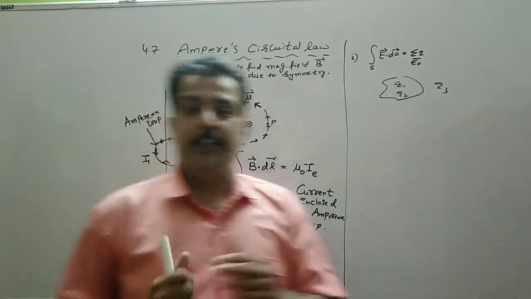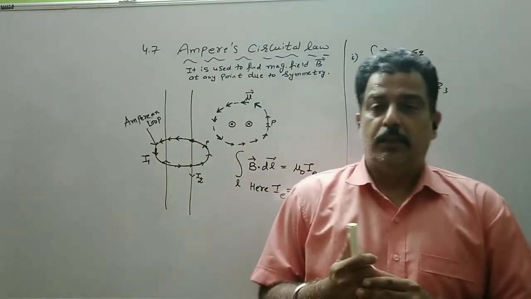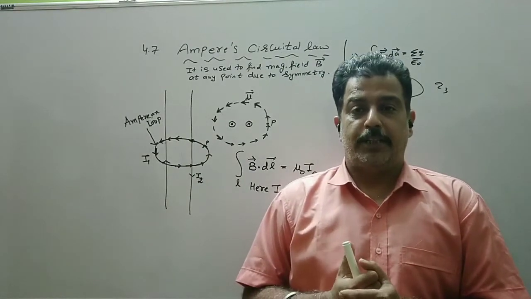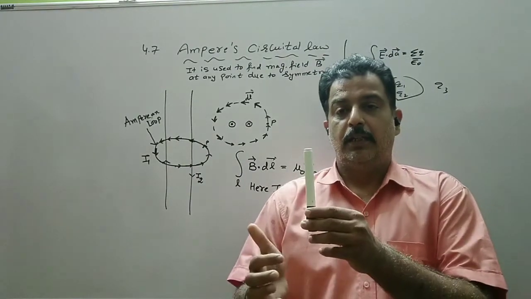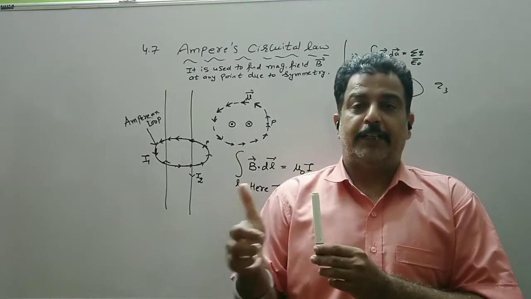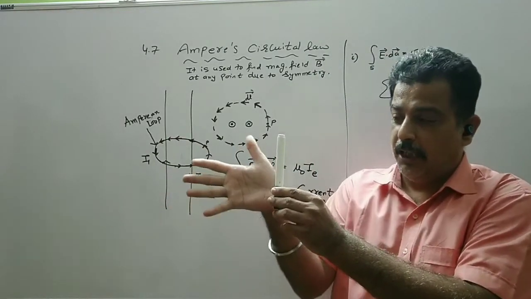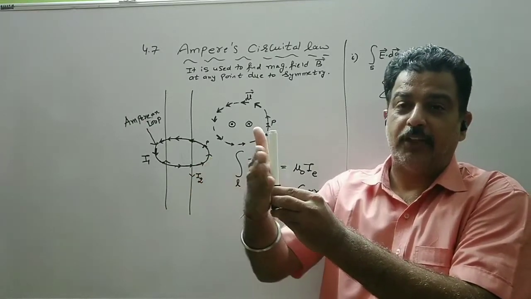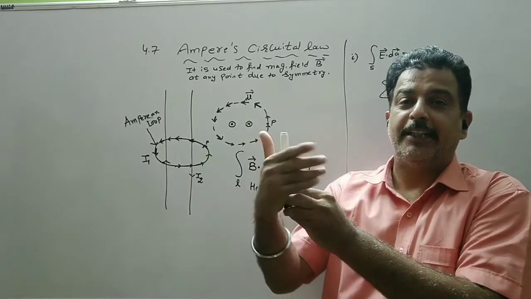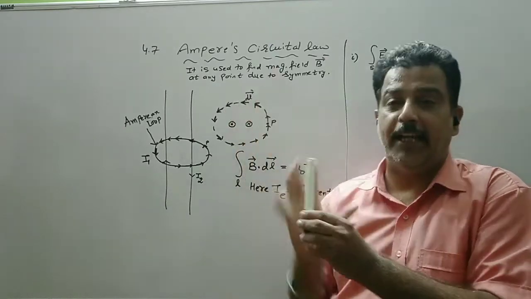Now what I will do is, to determine the direction of the current, we take the help of a right hand rule. We curl our hand in the direction of the current elements, line elements.